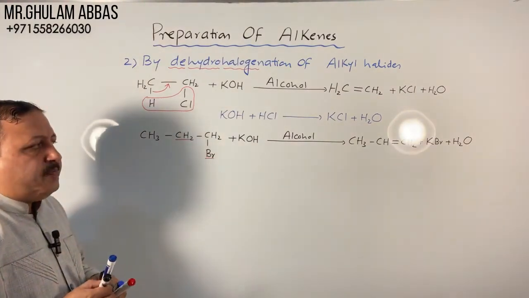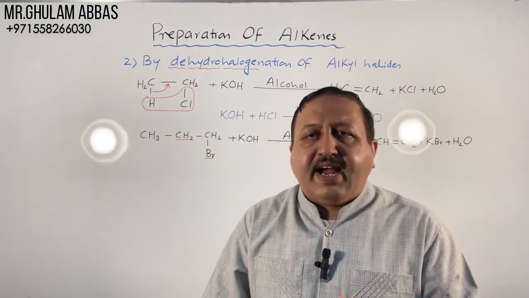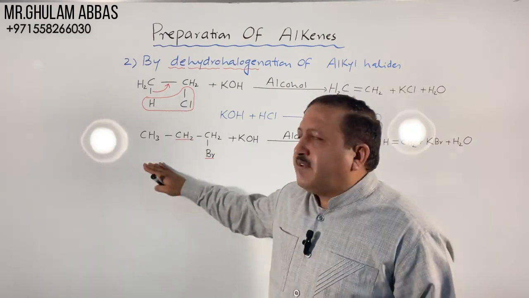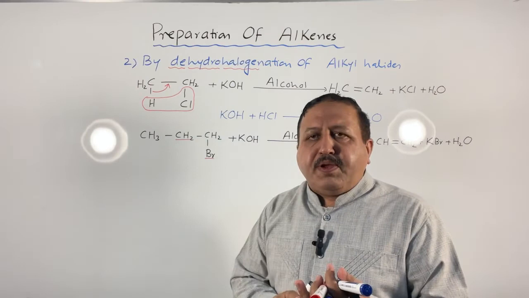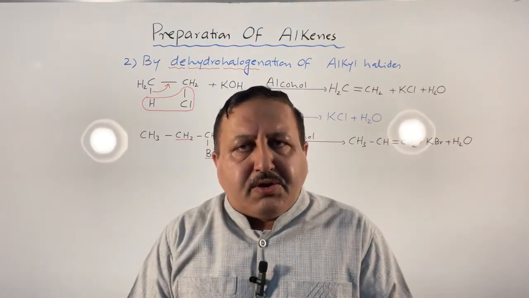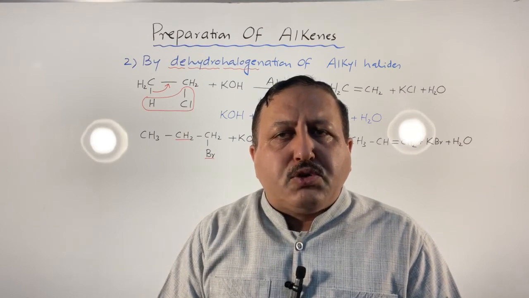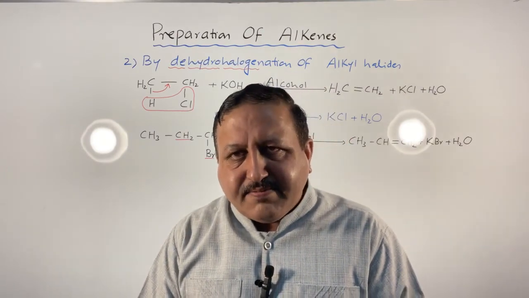We can prepare any alkene from any alkyl halide or from alcohol. The questions which can be taken from this part: how can you prepare 1-butene from alcohol and alkyl halide? How can you prepare 2-butene from alcohol and alkyl halide?